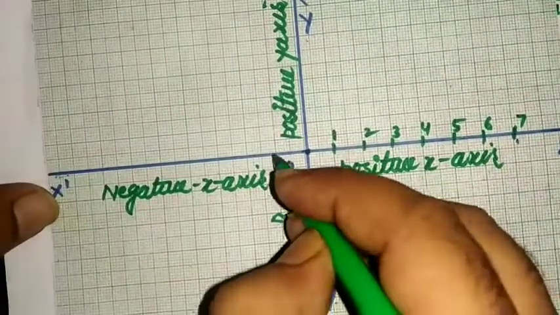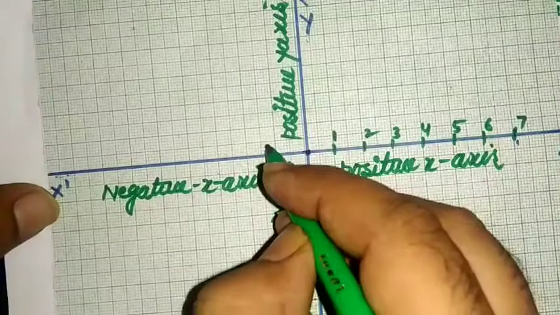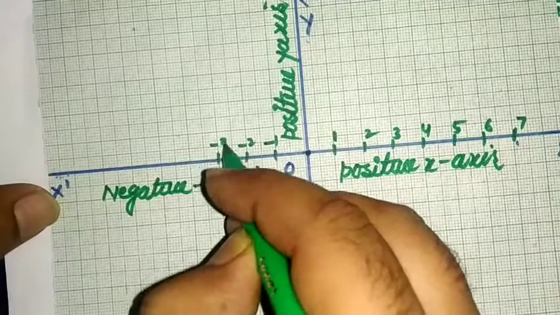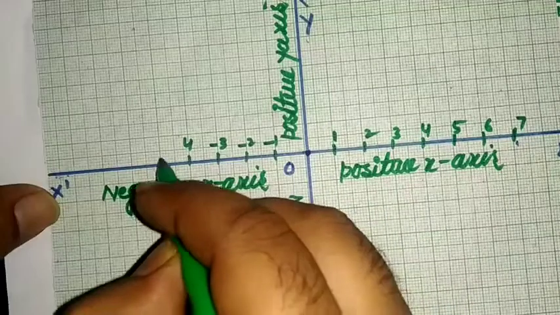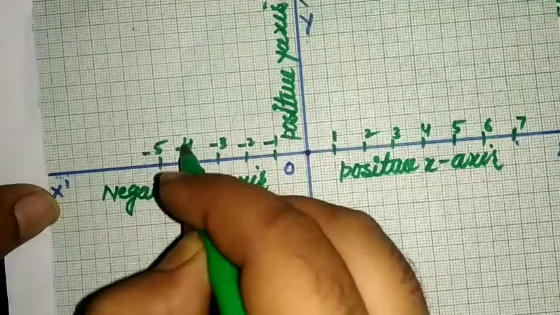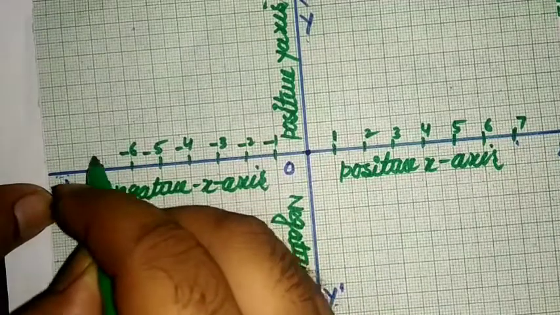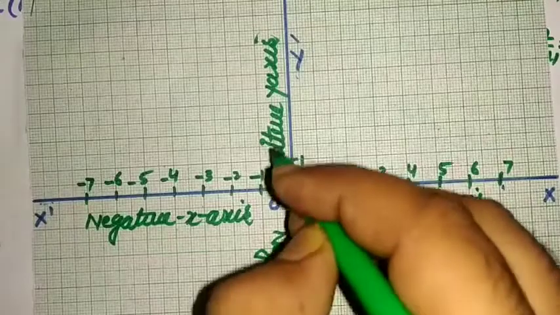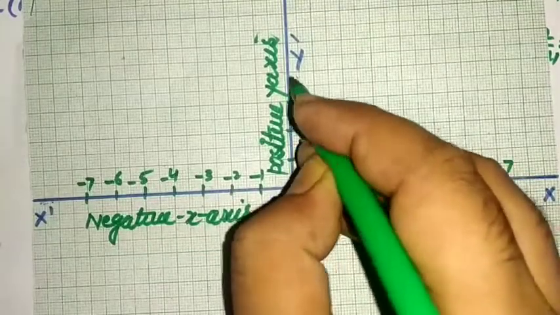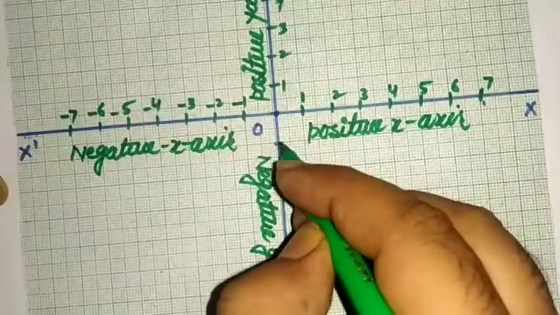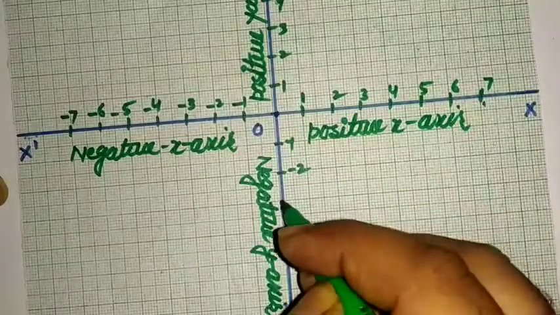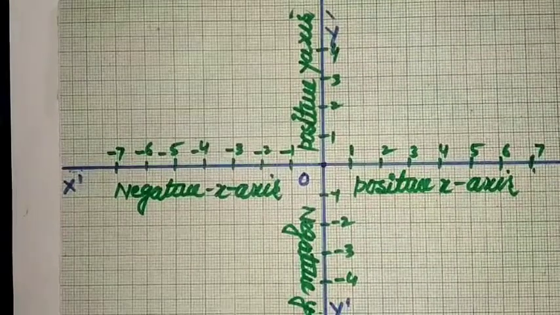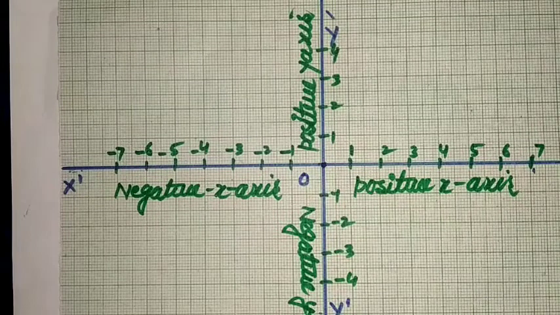And here, because it is the negative x-axis, we put negative 1, negative 2, negative 3, negative 4, negative 5, negative 6, negative 7, and so on. Similarly, we can write positive 1, 2, 3, 4 and negative 1, 2, 3, 4 on the y-axis, and so on. So these are the convention of sign.